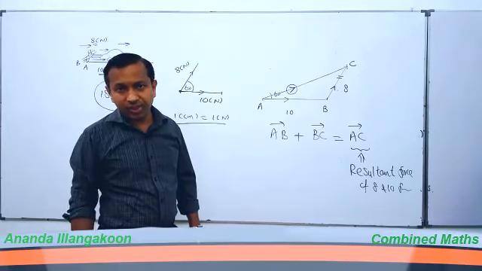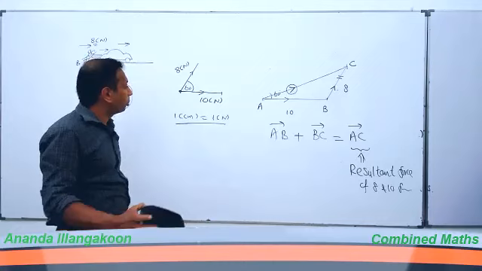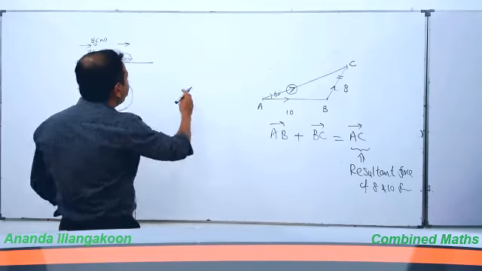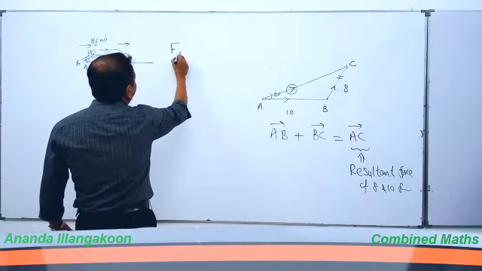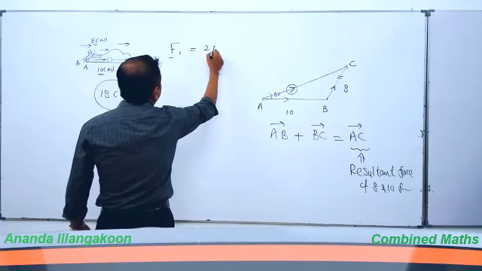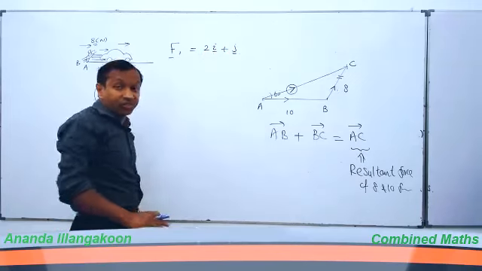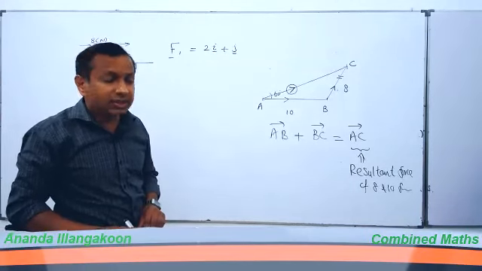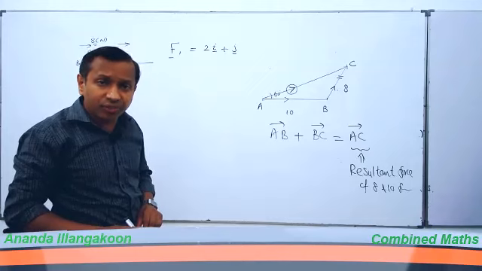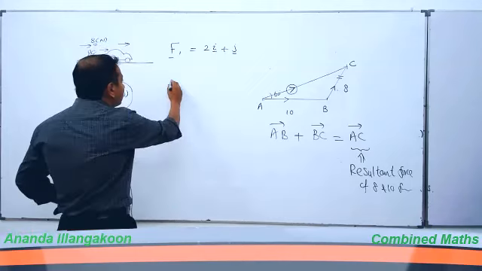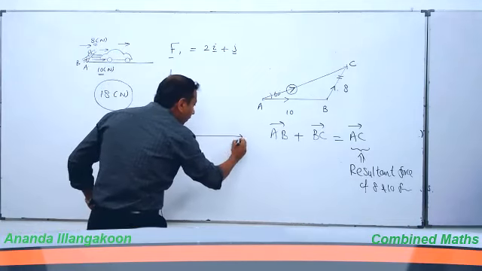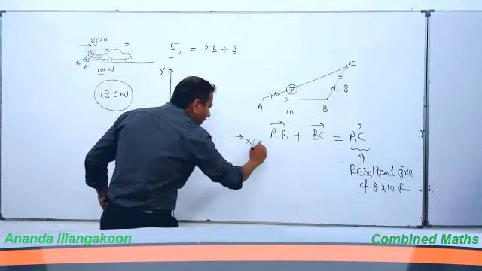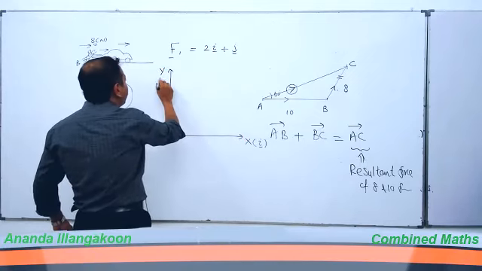Understood? So now, people, see here. Suppose we have a force F1, which is 2i plus j. Now these forces lie in the OXY plane. How do you understand this F1 force? If I construct the OXY Cartesian coordinate plane, along the x-axis the unit vector is i, and along the y-axis the unit vector is j.